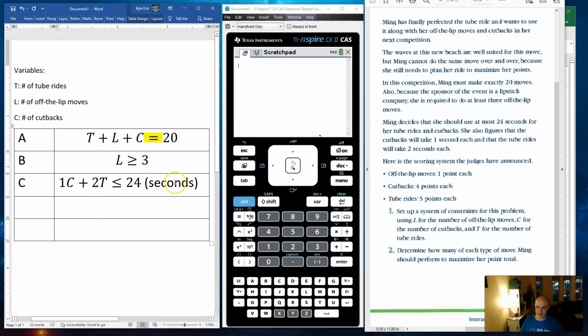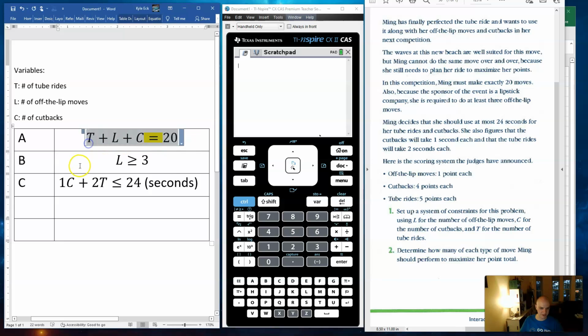And that must be less than or equal to 24 seconds because she can use at most 24 seconds. And we can double check this constraint. This is the hardest one to write. 1 second per cutback, 2 seconds per 2 bride, then we multiply those and add them all up to get the total time. That's all less than or equal to 24.